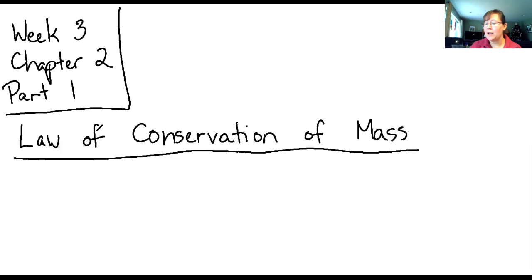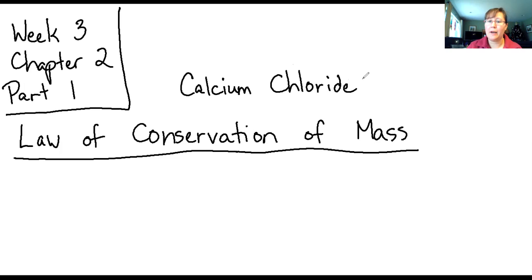I'm going to be using an example called calcium chloride. Okay, and calcium chloride is an ionic compound, and you'll learn this next week. And it's one calcium with 2 chlorines stuck to it, CaCl2. And again, you're going to learn how to determine that next week. Don't worry too much about that right now.